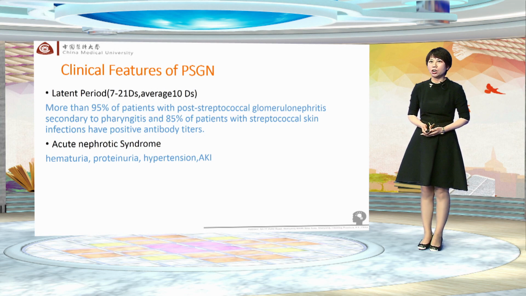More than 95% of patients with post-streptococcal glomerulonephritis secondary to pharyngitis and 85% of persons with streptococcal skin infections have positive antibody titers.